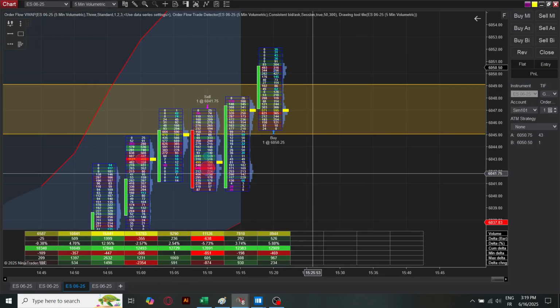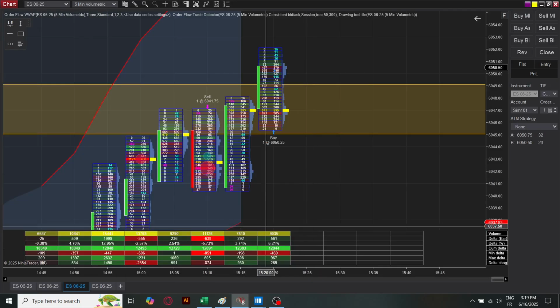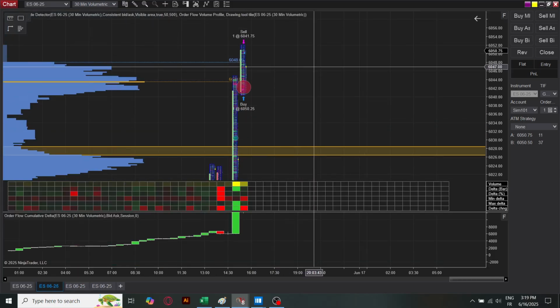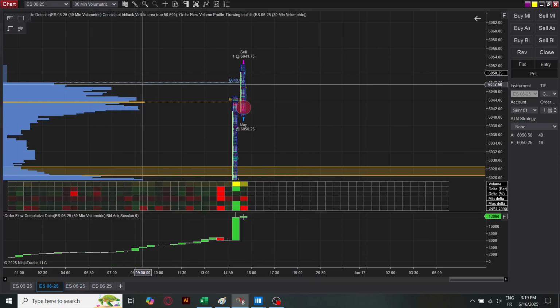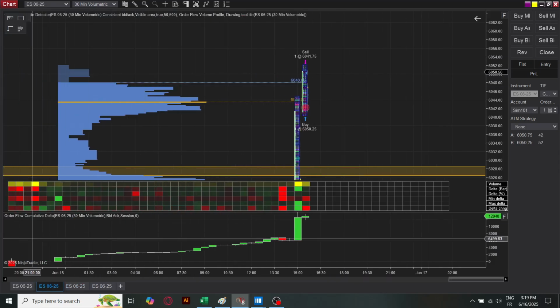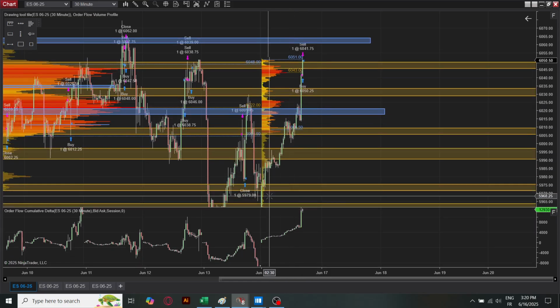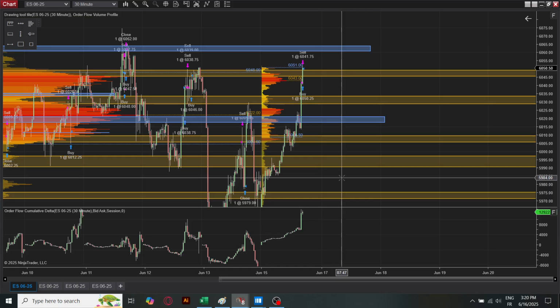So now what I will do, of course I won't go long from here, I will wait for a pullback. Let me see which level. I can wait for a pullback from here, but price didn't make a strong pullback for a long time, so this will be very risky.